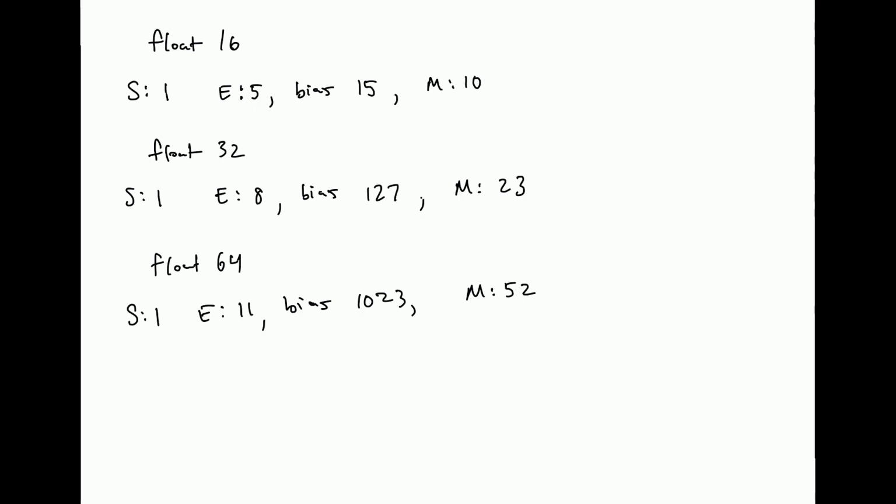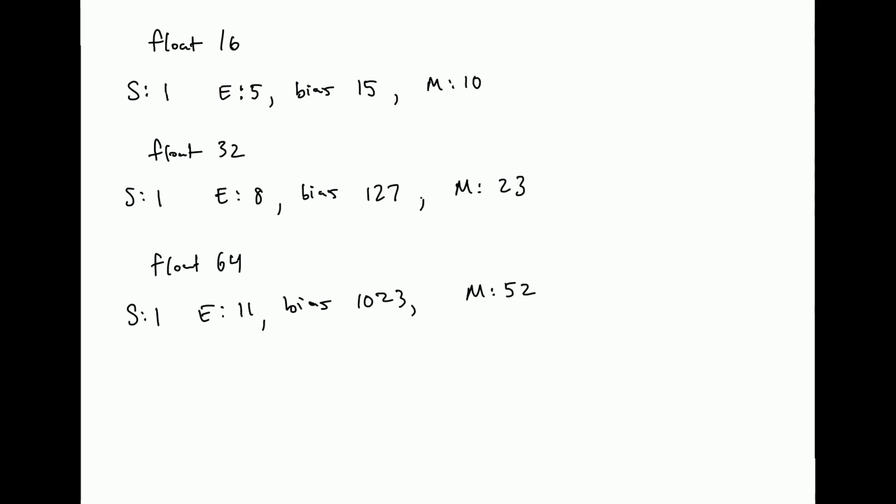Everybody gets one sign bit. That makes sense: the number is either negative or it isn't. But then how many bits we allocate for the exponent and for the mantissa differ. And then the bias is that.